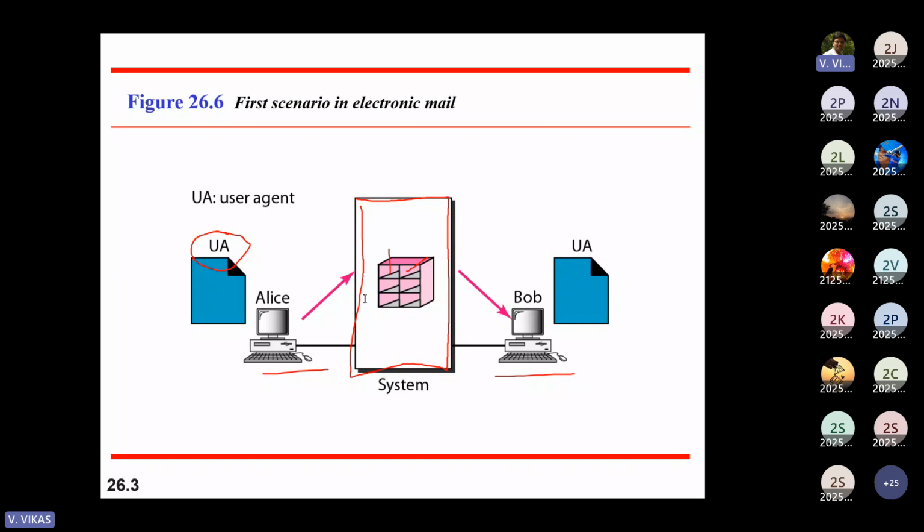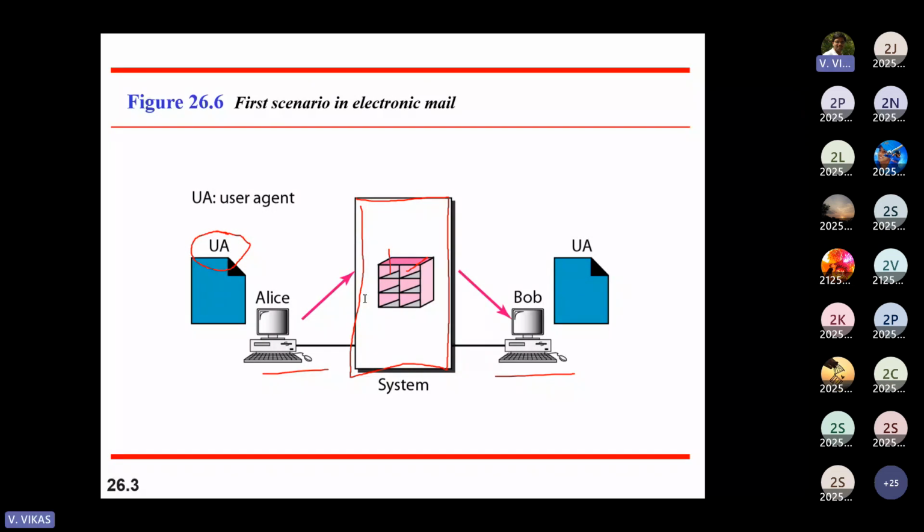So here Alice needs to use a user agent to create that particular message. She will create the message by using the user agent, and the system available at Alice needs to store that information in some queue, so that whenever the MTA client is free to send the information, it will take that information and transfer it to the MTA server of Bob.